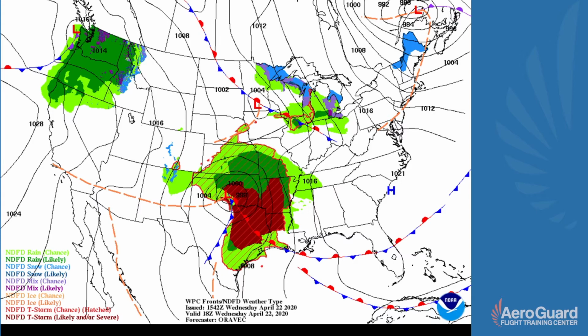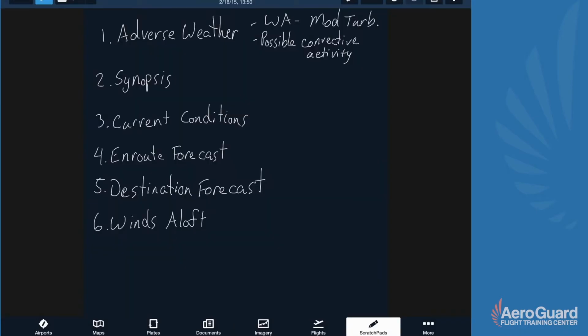Okay, so what I want to do then is move back to our scratch pad here, and under synopsis, I'm going to identify the things we want to remember to pay attention to. So the first piece is there's a huge area of rain where these fronts are converging, and so that leads me to believe that possibly we could encounter low ceilings, so we'll want to watch out for that.